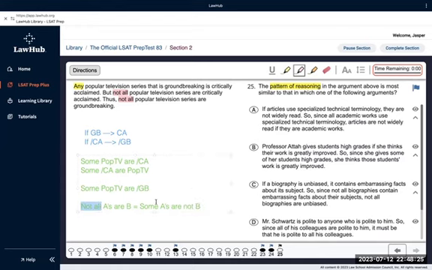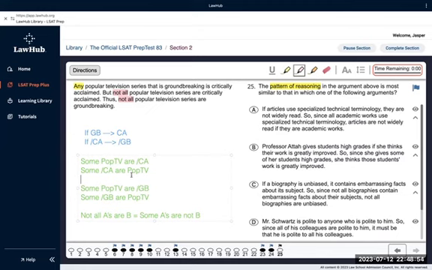So that's how we take not all and we turn it into some are not. And I've got that little slash there to represent not. We can also say that some TV series that are, oh, I almost put an arrow there. Some TV series that are not groundbreaking are popular. So there's an overlap between those two criteria.